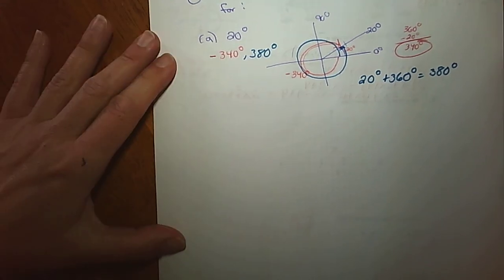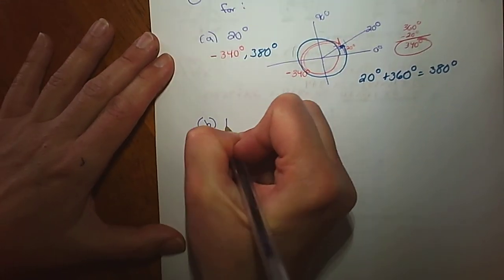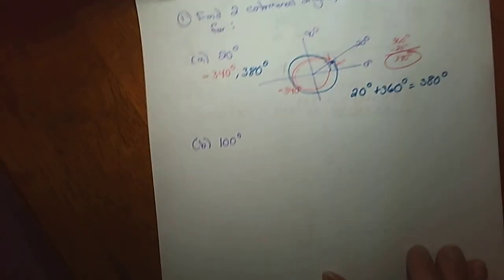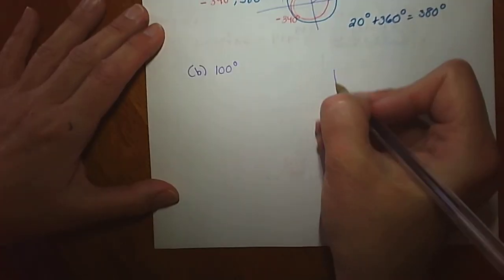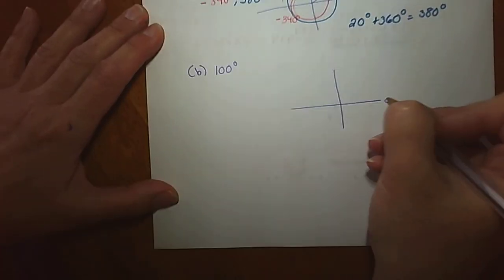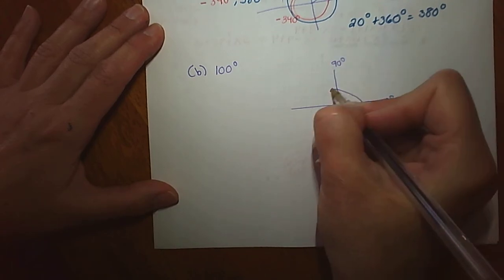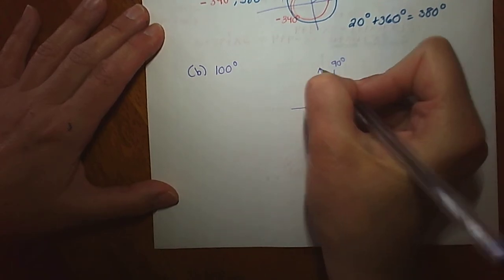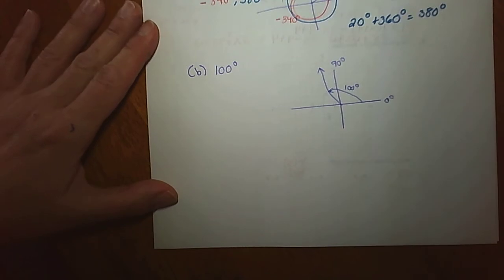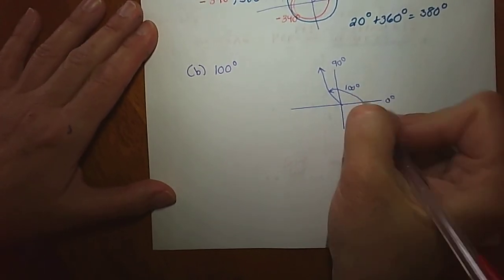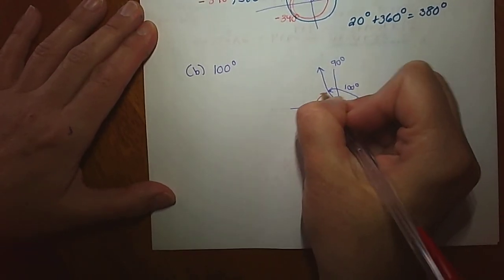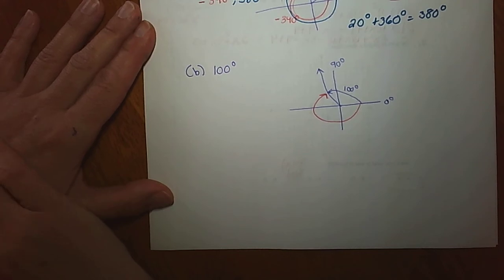All right, B. What if I said 100 degrees? So let's sketch 100. That's 0, that's 90. So from here to here, that's 100 degrees. What would be a negative angle that would bring me to the exact same spot, right?